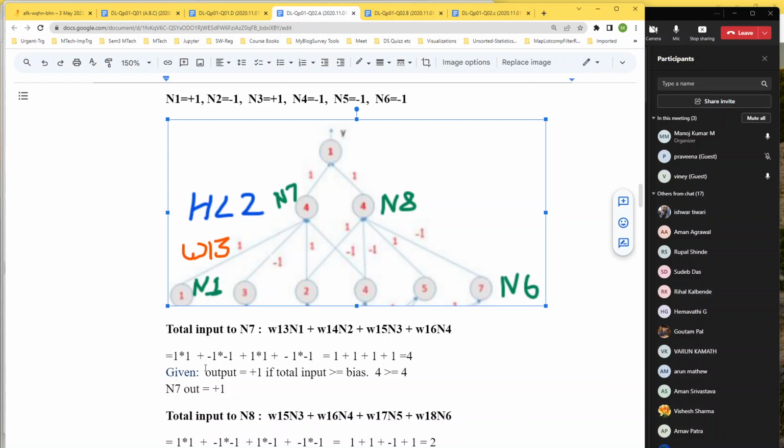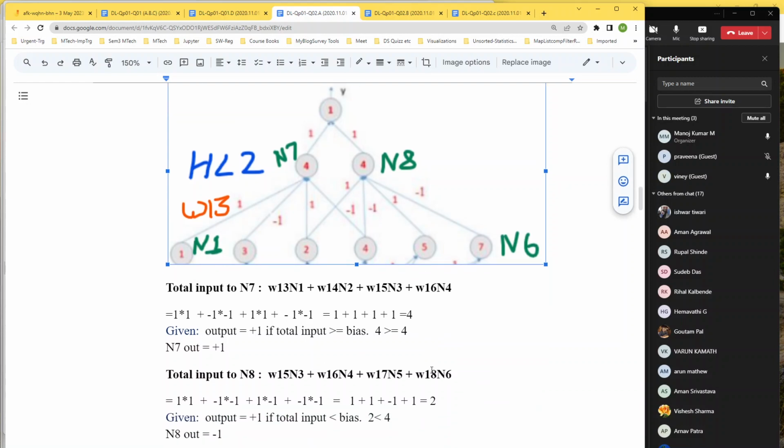So which one are you doing? N7 or N8? Total input to N7: minus 1, minus 1, minus 1, minus 1. There are 4 only. So 4 is equal to 4, so its output is 1.